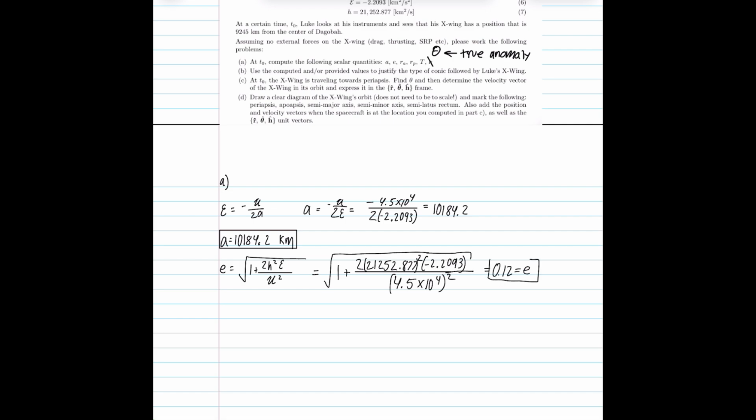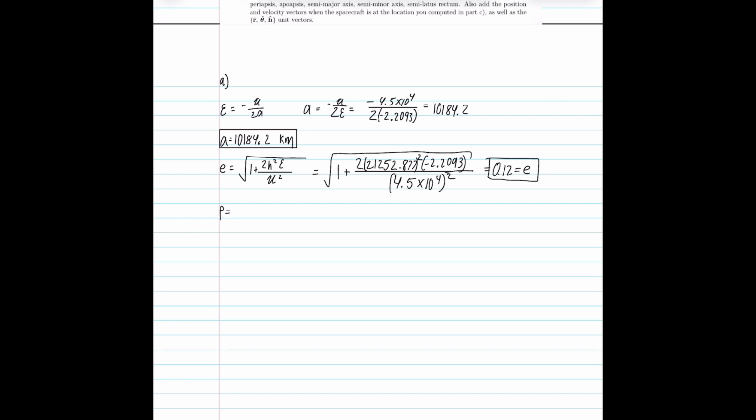That gives us 0.12. Now we're trying to find the radius at perigee and apogee, and in order to do that, we need this intermediate term called the semi-latus rectum.